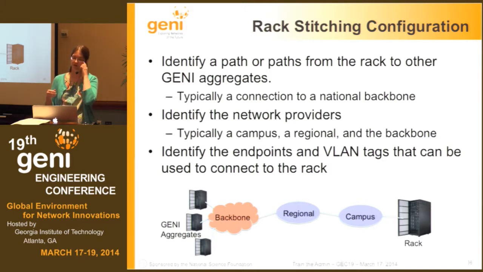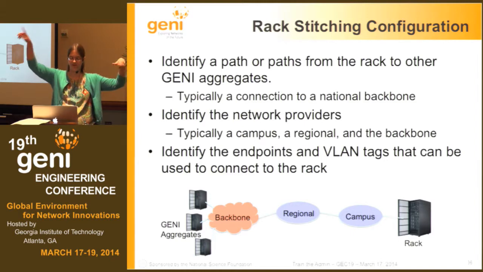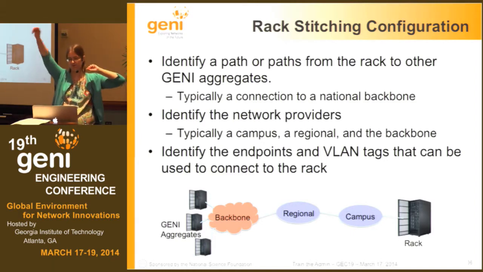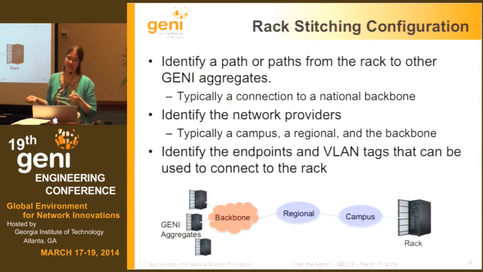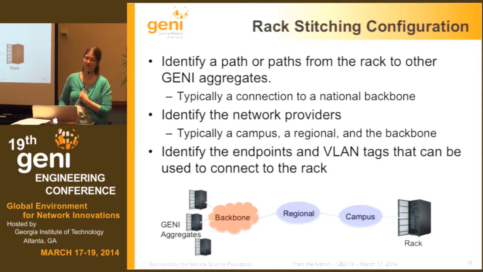The rack stitching configuration works by somebody going in and figuring out a path from the rack to a national backbone provider, which these days is Internet2. Until the last month, it also included NLR.